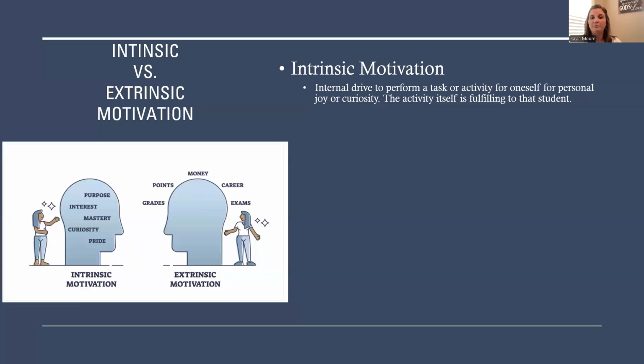It's the internal drive to perform a task or activity for oneself, for personal joy or curiosity. The activity itself is fulfilling to that student. An example may be a child reads a book because they love the topic, and they read extra because they get to read about a topic that they truly love.